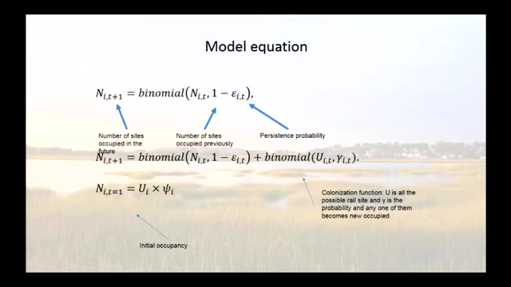So this funky Y is your colonization probability, and the U indicates the total number of possible sites in that region. And the initial number of sites occupied was also a random variable because we don't know where they are and how many there are. So your number of the sites initially occupied is a function of the total universe of sites times that initial occupancy probability.